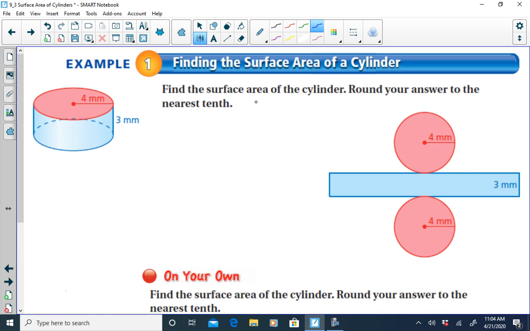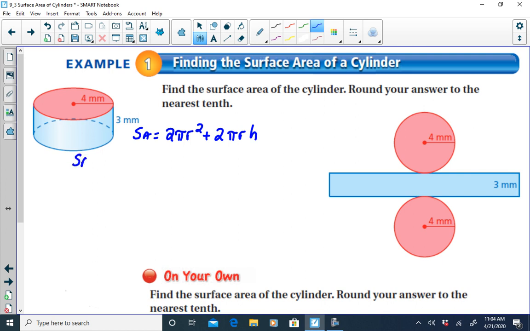We're asked to find the surface area of the cylinder. Round your answer to the nearest tenth. Well, always start by writing the formula. So surface area is going to be equal to 2 times pi times r squared plus 2 times pi times r times h. So that's your first step. Next step is your substitution step.